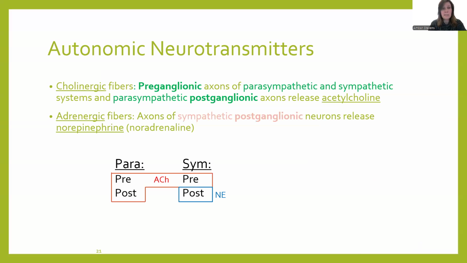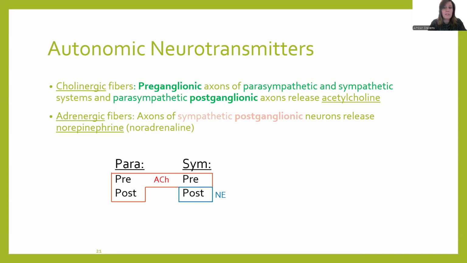So, autonomic transmitters. Those are chemicals that continue a nerve impulse through the synapse. So you have three axons: the sympathetic preganglionic axon, the parasympathetic preganglionic axon, and the parasympathetic postganglionic axon.